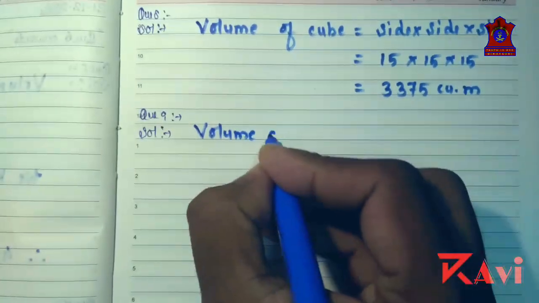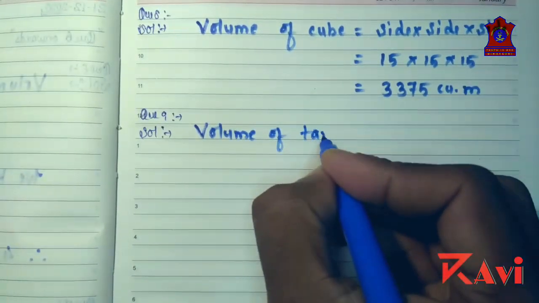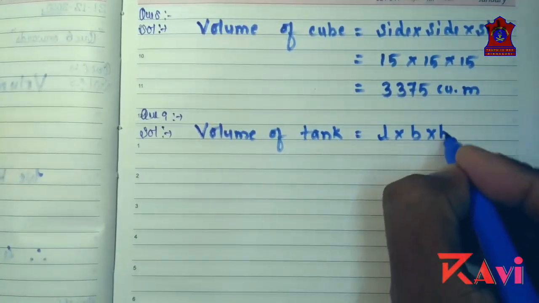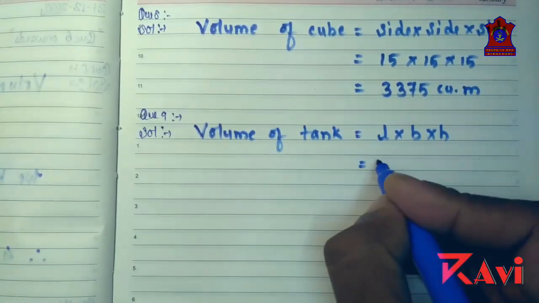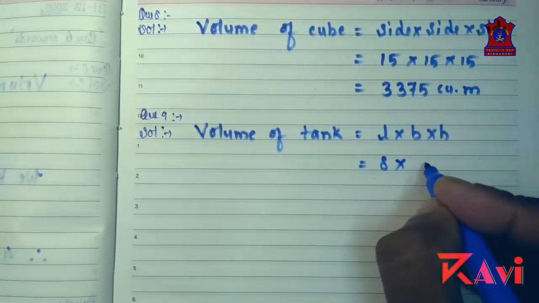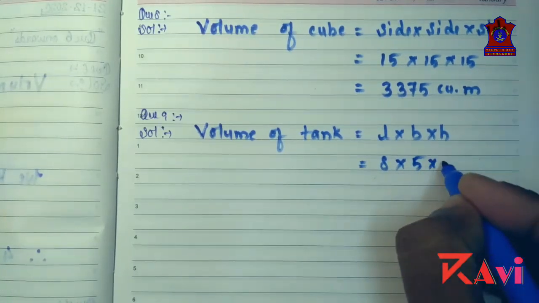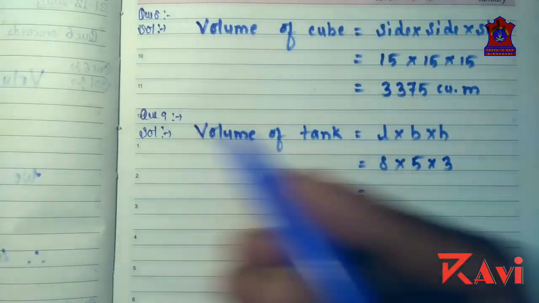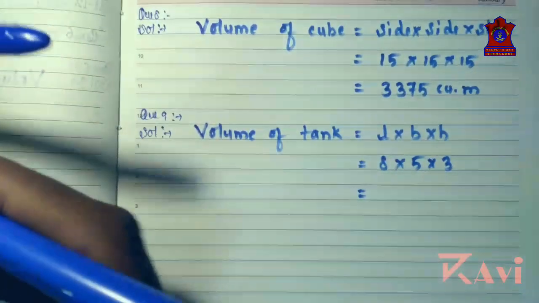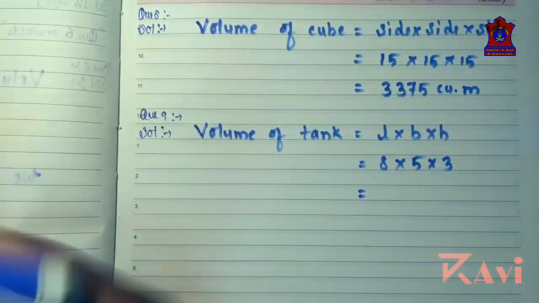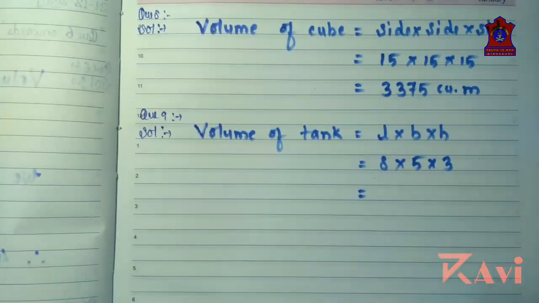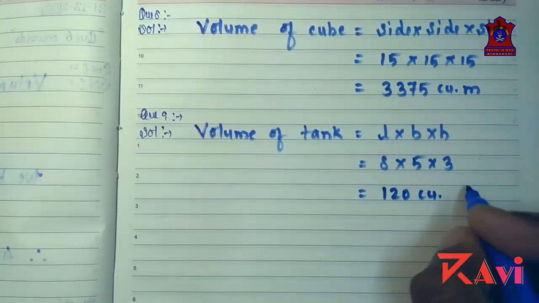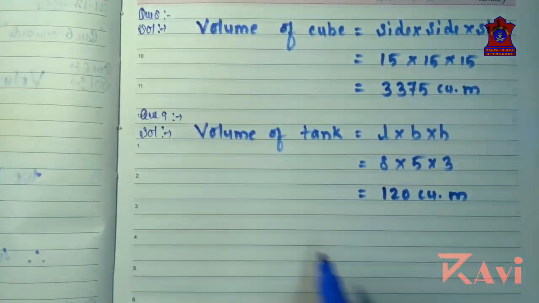Volume of tank equals to length into breadth into height. Length is given as 8 meter, 5 meter and 3 meter. See here, in place of height, the deepness of the tank is given. So multiply 8 5s are 40. 40 into 3 is 120 cubic meter. Clear?